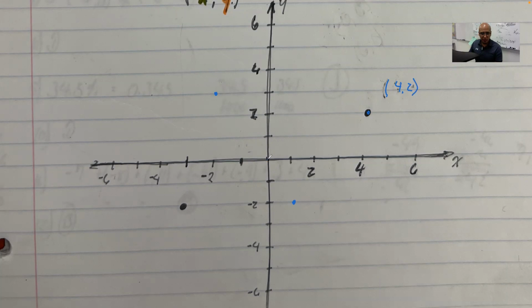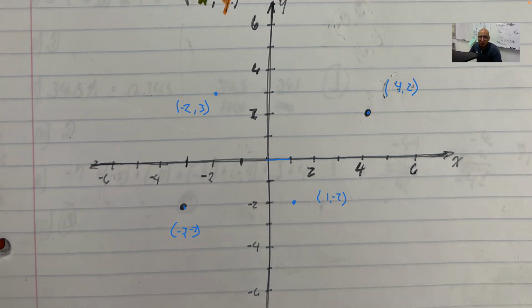This would be (-3, -2). And then this point right here, we start on the x-axis, positive 1, but then it goes negative 2: (1, -2).